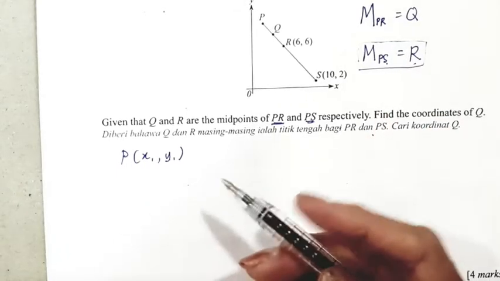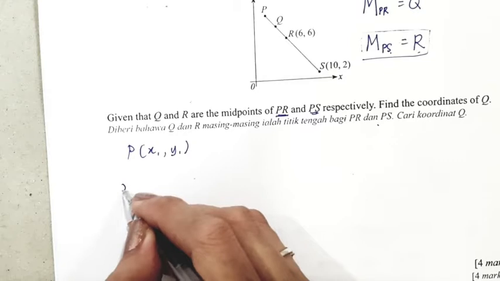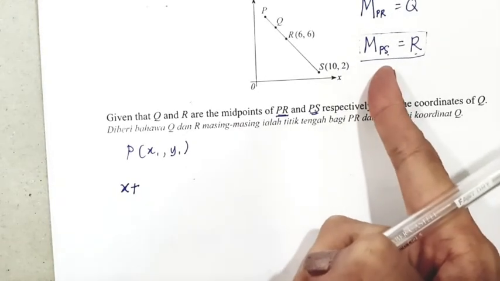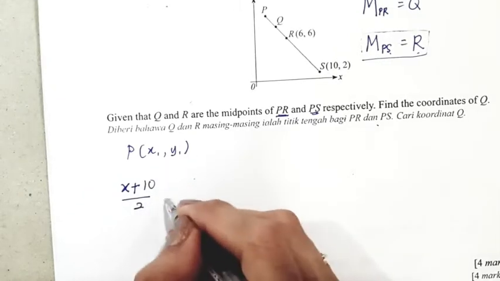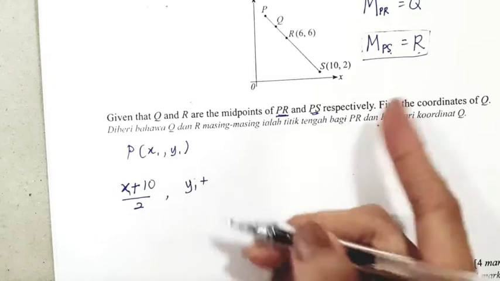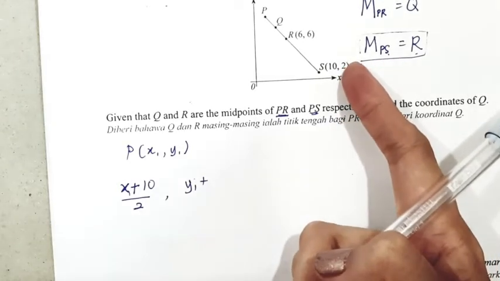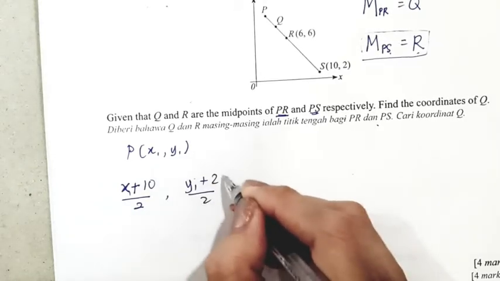So let's write that down. So we will have X1 plus the coordinates X for the point S, which is 10, divided by 2, comma, Y1 plus the Y coordinates from the S, which is 2, and then divided by 2.